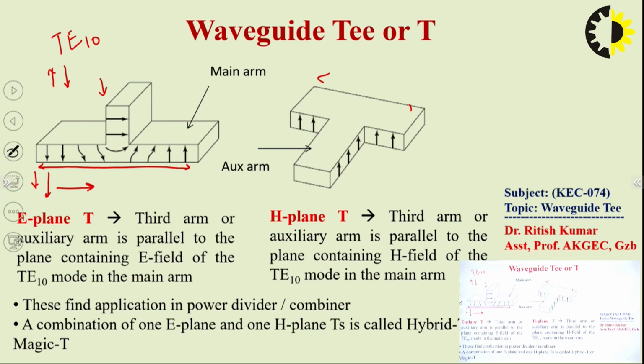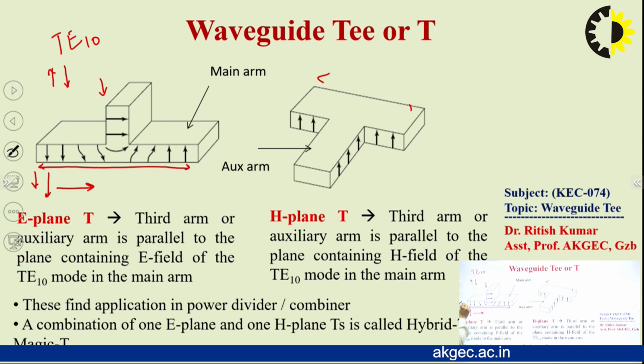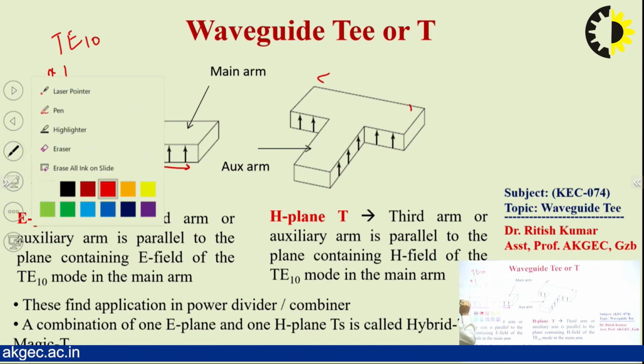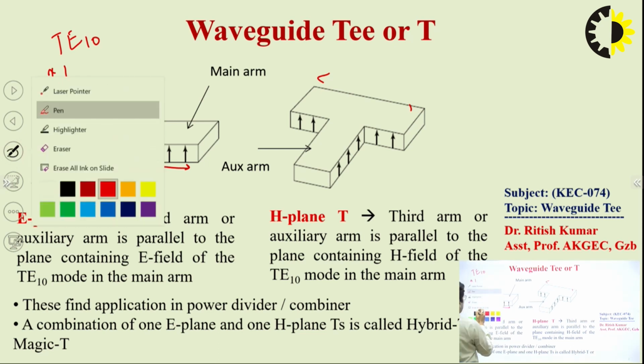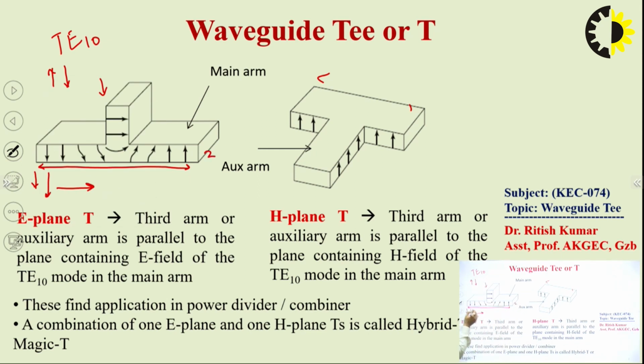The main purpose of this waveguide tee is this: two ports we have defined, if this one is the first port and this one is the second port. If we deliver power from the first port and the second port, the power is combined at this junction, and we receive the power at port number 3.